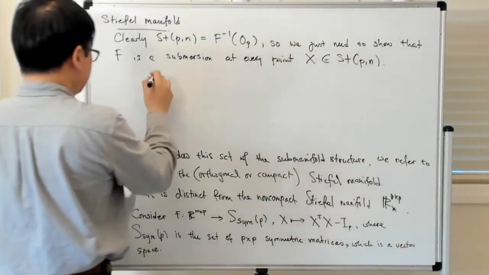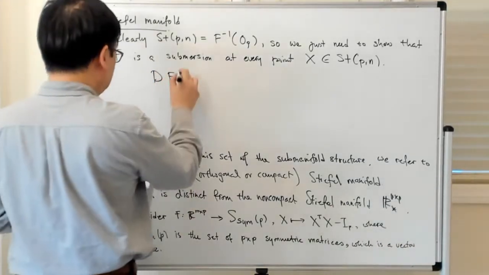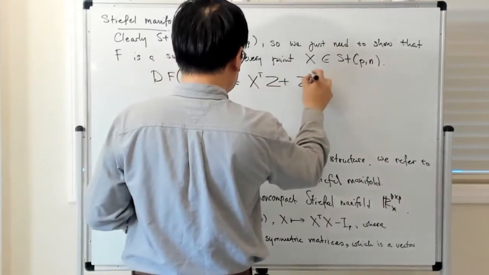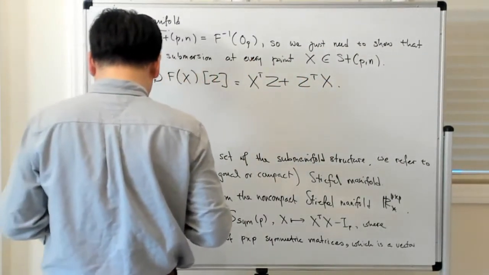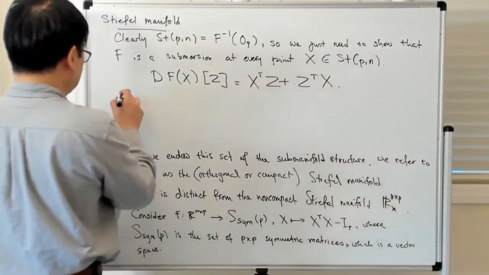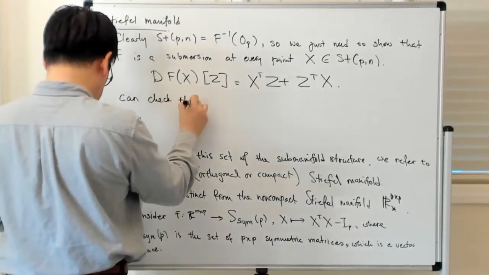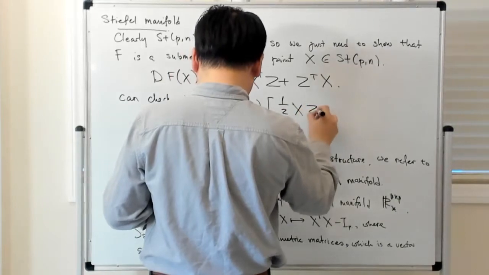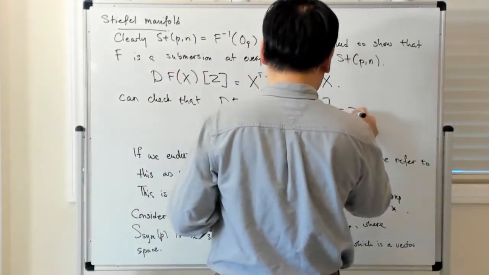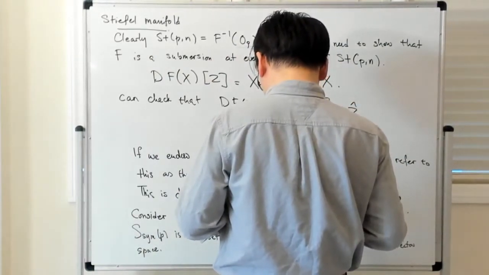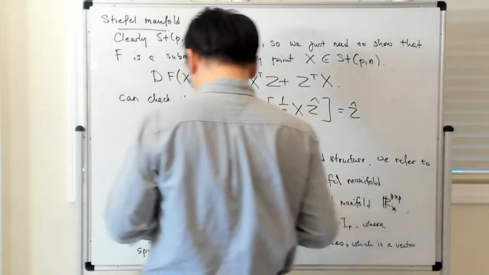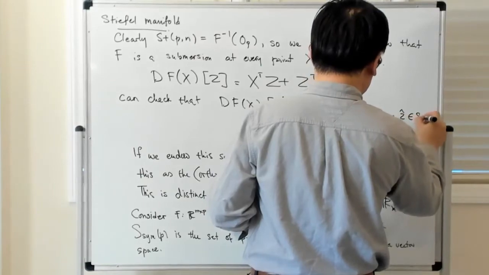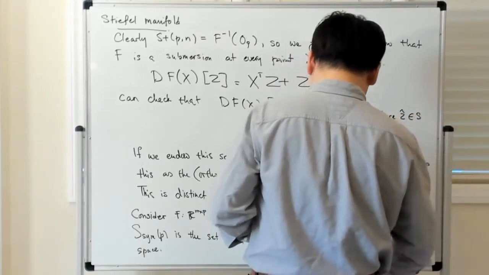You can check that dF of X in the direction Z is going to be X transpose Z plus Z transpose X. And then you can also check that if you let Z be 1/2 X C hat, this is C hat, where C hat is an arbitrary symmetric matrix.